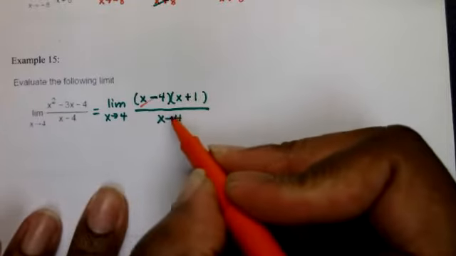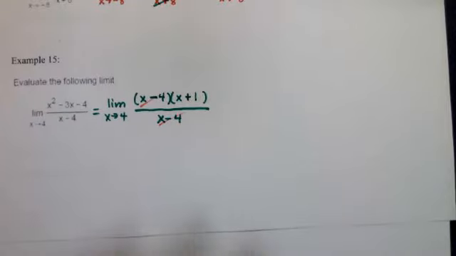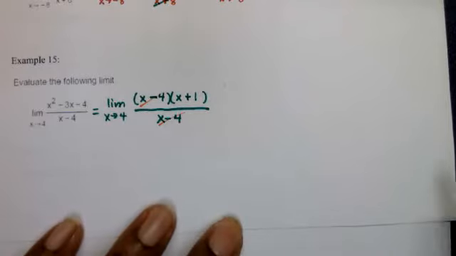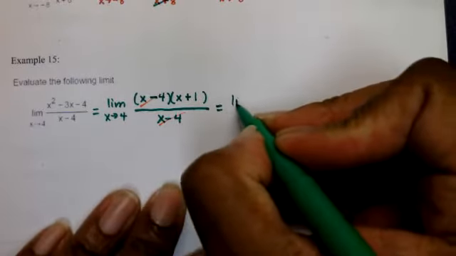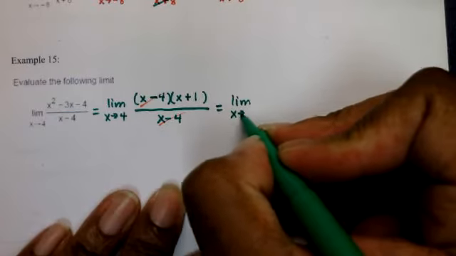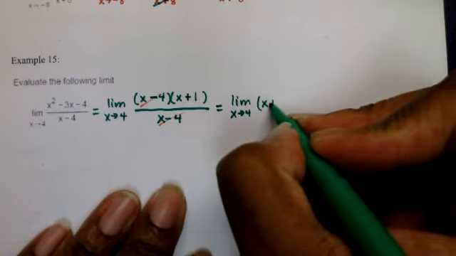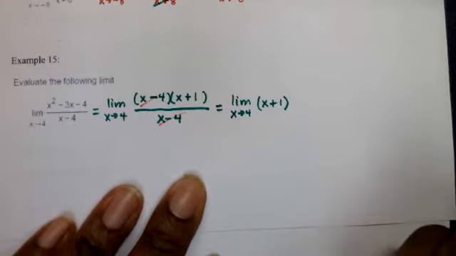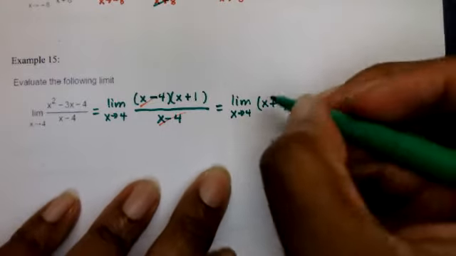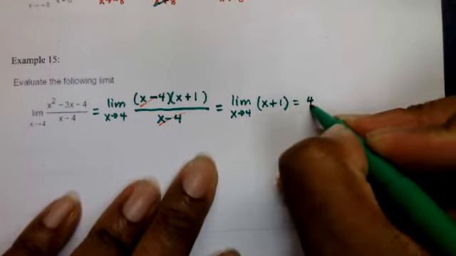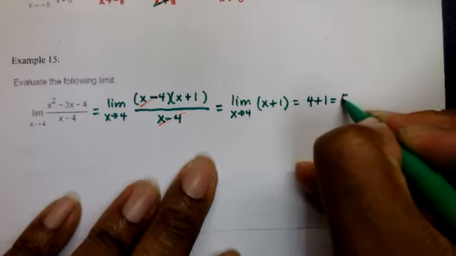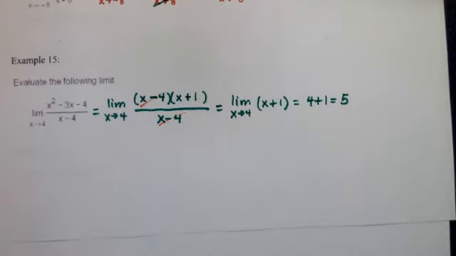And here I can divide out those x minus 4s. They're gone. Now, I have the limit as x approaches 4 of x plus 1. And now I can apply direct substitution by substituting the x with 4, so it'll be 4 plus 1, which ends up being 5. So the limit as x approaches 4 of x squared minus 3x minus 4 divided by x minus 4 is 5.